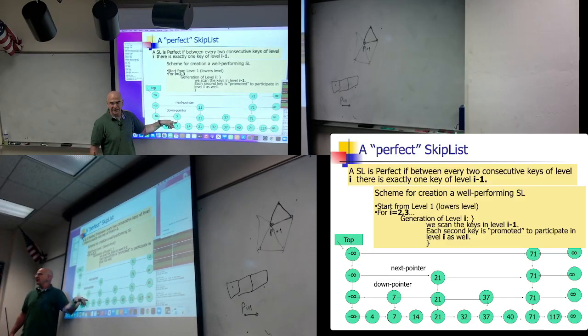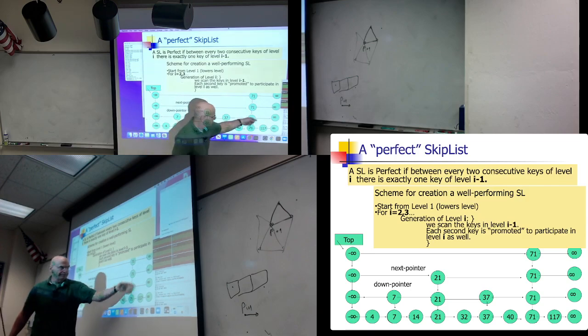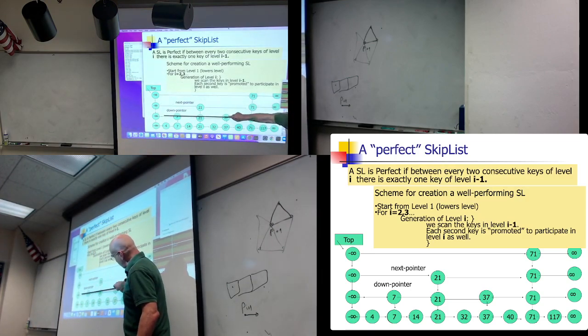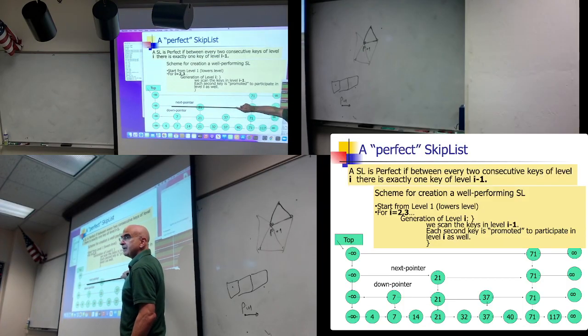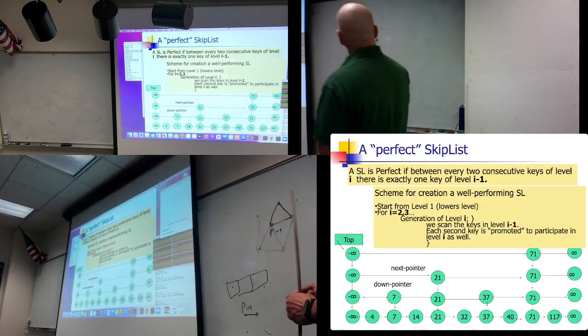This is a deterministic description of the data structure. Every second key of level 1 appears in level 2, and every second element from level 2 appears in level 3. Remember that when we look at the levels, it's a set of keys per level.